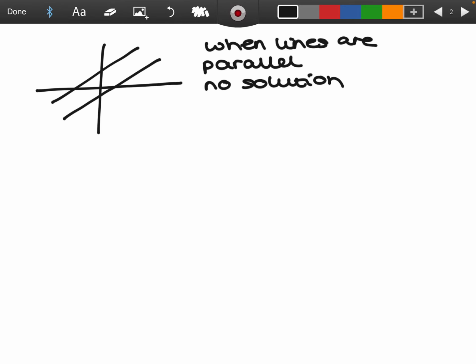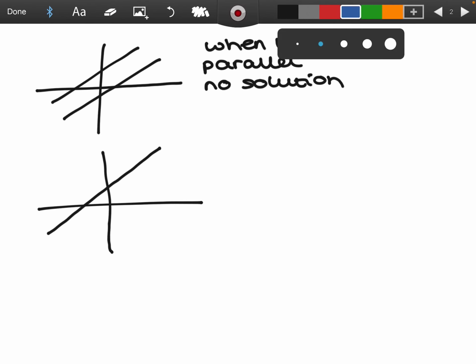The other thing you can also find is where they actually intersect at every single point. So you could end up with one line like this, but then you draw the second equation and it comes out with the same line. In that case, they are basically the same equation because they give you the same line.